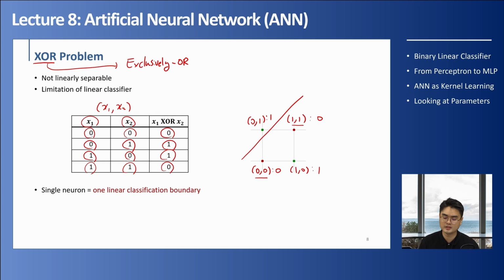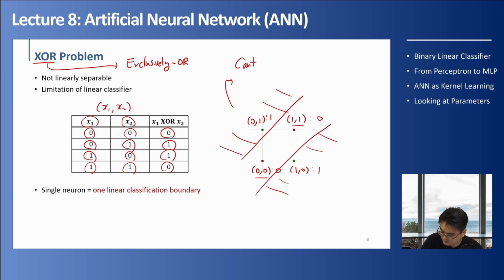So therefore, what we need to do is actually add one more line, something like this one, and make some classification boundary like this one. So in this XOR problem, the problem is we can't classify with a single linear classifier.